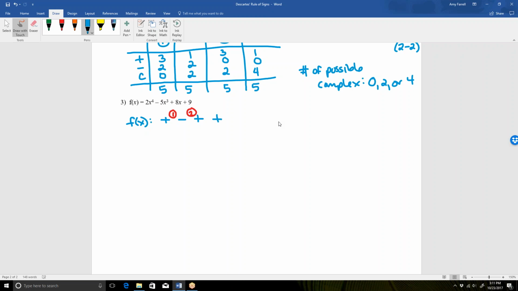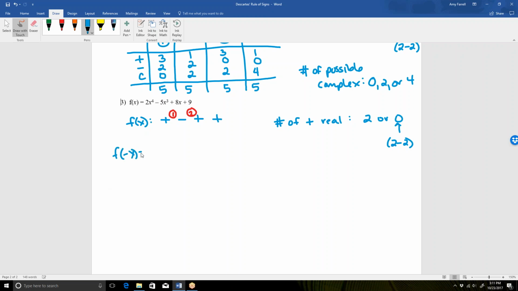So the number of positive real solutions would be 2 or 0. I'm always going to decrease the number by an even integer, or by all even integers that you can. So I'm going to subtract 2. I can't subtract 4, 6, 8 or 10 because I get negative numbers, which wouldn't make sense. So 2 or 0. Like I said, the 0 is coming from taking 2 minus 2.